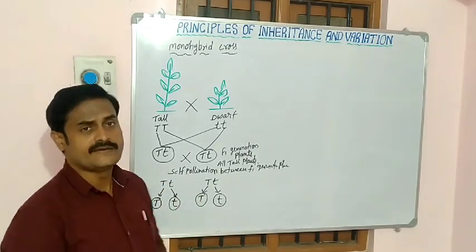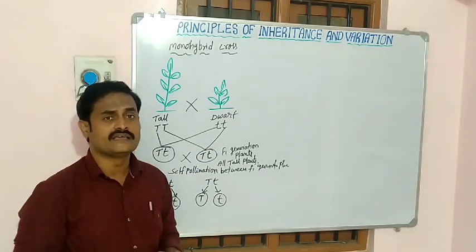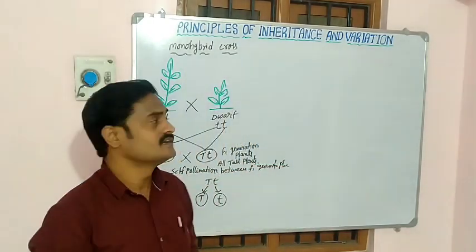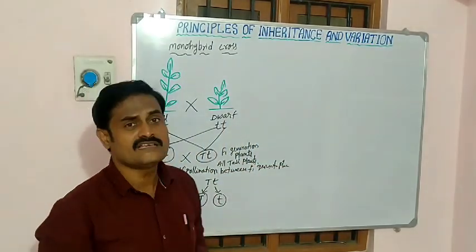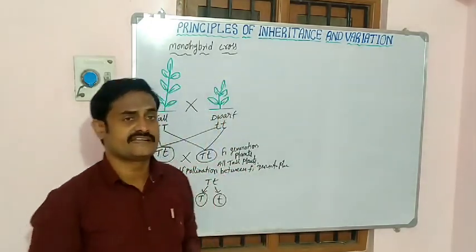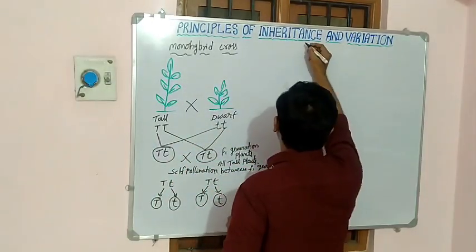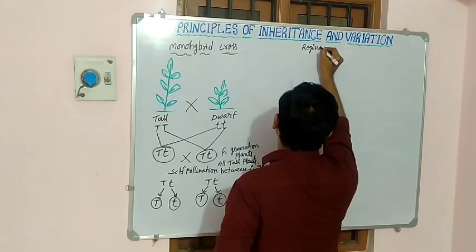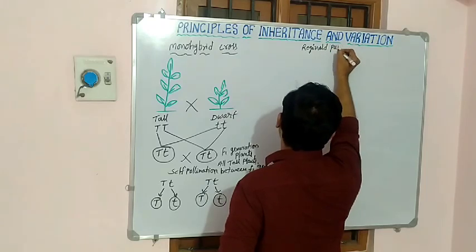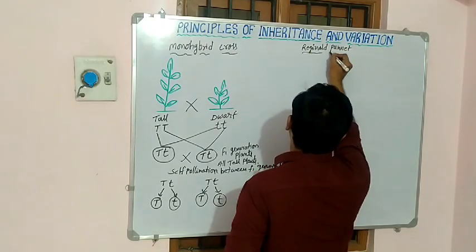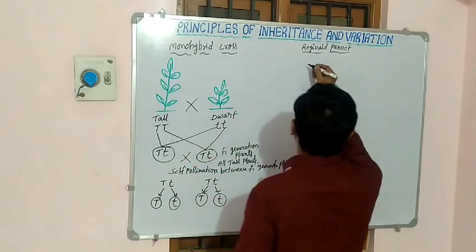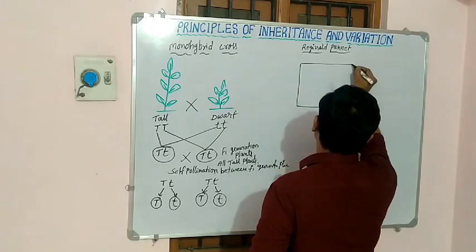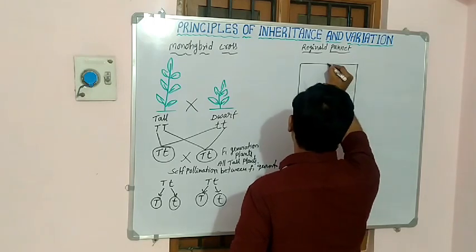These gametes are taken into a square called the Reginald Punnett square. That square was discovered by the British scientist Reginald Punnett, and it is used by Mendel. It looks like a square model.